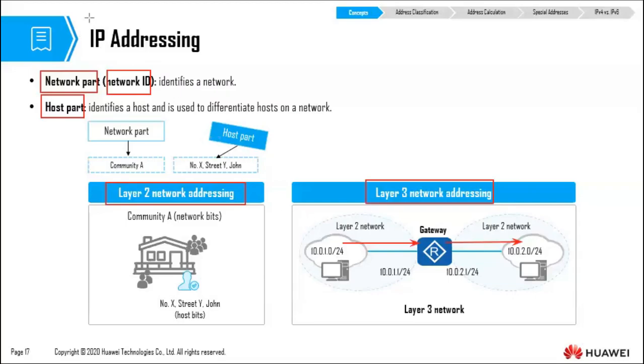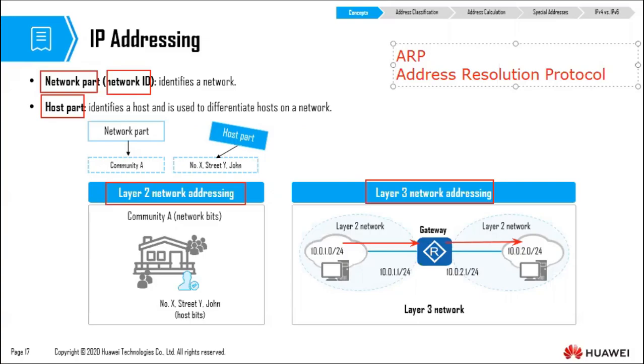Have we learned about ARP yet? We learned about ARP, right? Address Resolution Protocol. ARP is used to learn MAC addresses and associate an IP address to a MAC address.